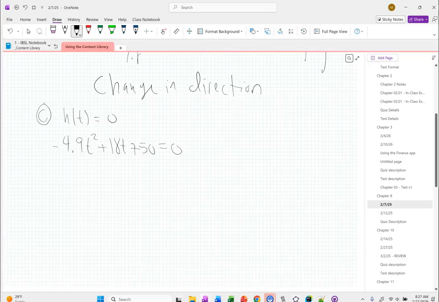What are our methods that we could use? You could use the quadratic formula. You can factor. You can graph and look for the intersection. On your IB exam, where you have access to a calculator and time as a factor, which one is the quickest possible route? Graph it and look for the x-intercepts on our calculator, right?